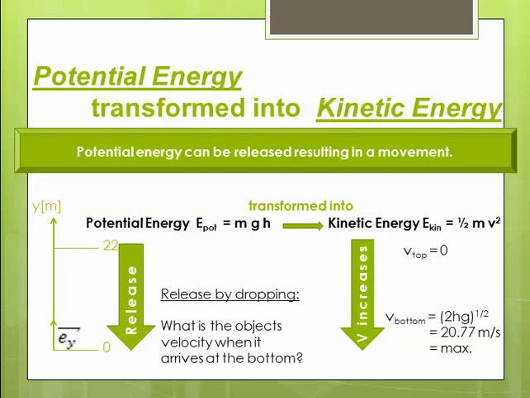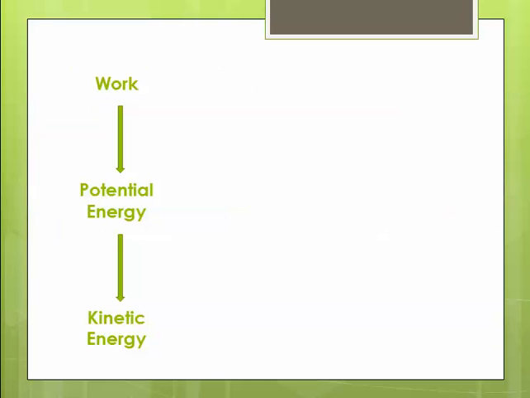Now let's look at the numbers. First, we did work by lifting the body from 0 to 22 meters. The formula for the work is given by the force and the displacement, F lift times h, and we calculated a value of 107.8 joules. Now we say, if we do work on a body, potential energy is stored.